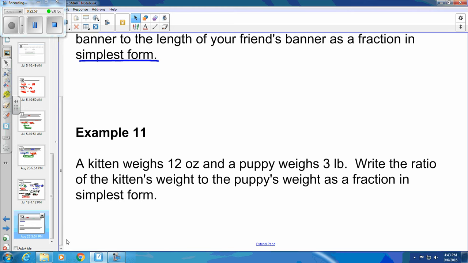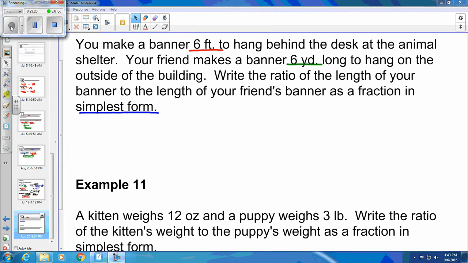Write the ratio of the kitten's weight to the puppy's weight as a fraction in simplest form. So I'm going to let you work on both of these. You may work with your partner for now. Usually you're going to be working on these alone at home, but because we're doing this in class, I'm going to let you work on it with your partner today.